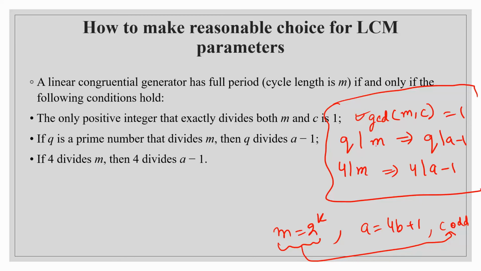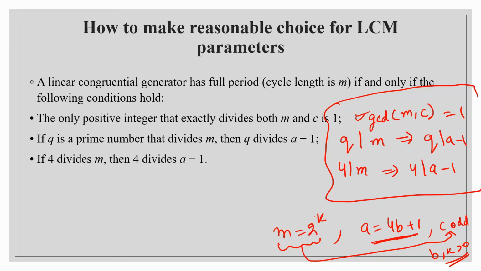So 2 divides m, and obviously this implies that 2 divides a minus 1. For this setting, a minus 1 is 4b, which is again divisible by 2, and here b and k are greater than 0. Also, 4 divides m implies 4 divides a minus 1.